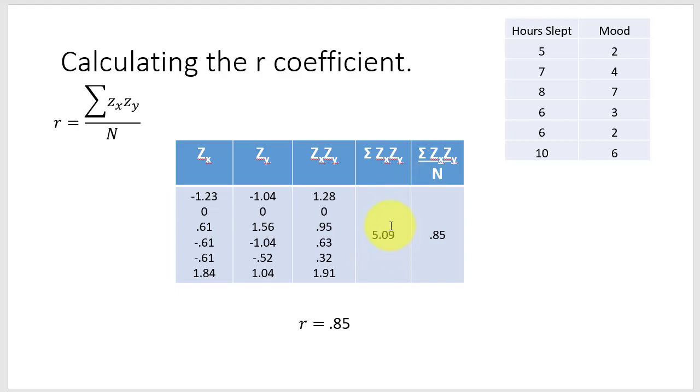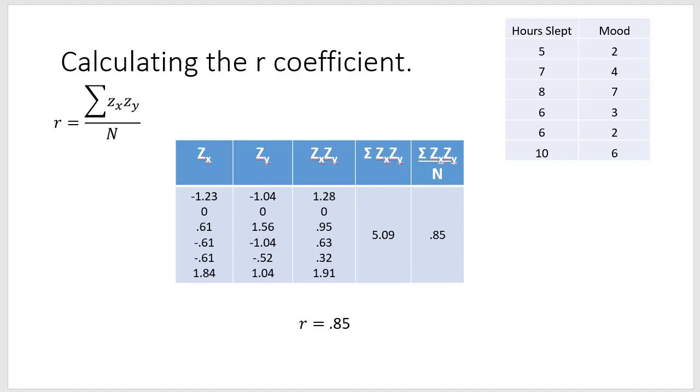If I divide this figure by the number of pairs, I get the mean number of standard deviations away from the mean that each score has, which gives me an r coefficient of 0.85. So the r coefficient is 0.85, meaning that there is a positive correlation, and it appears to be strong, but we'll figure that out in just a moment.